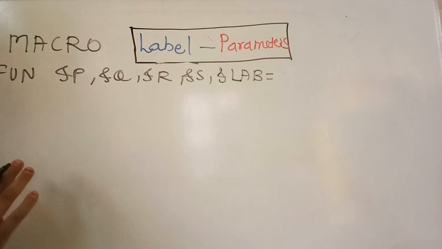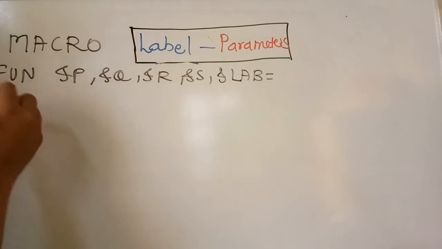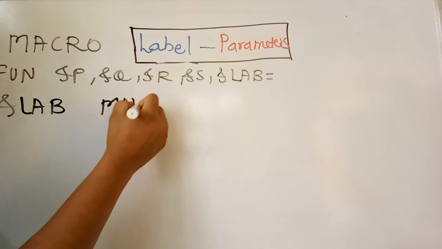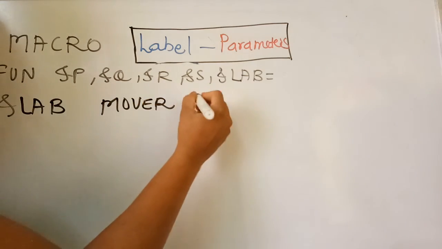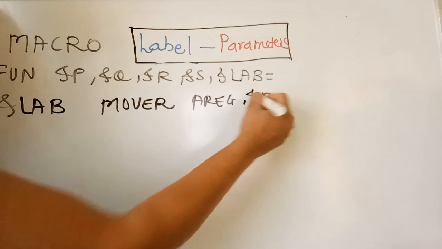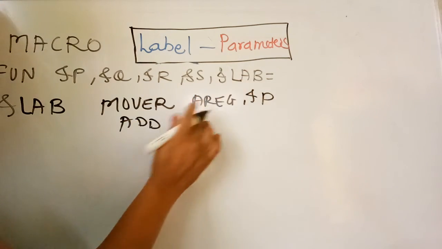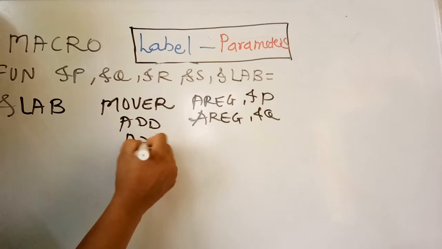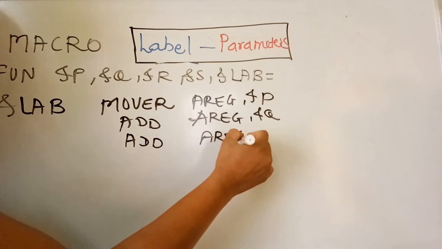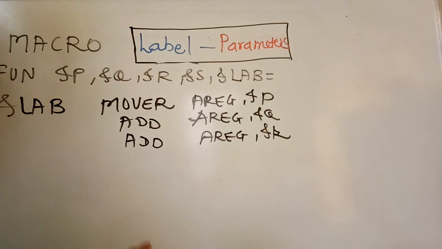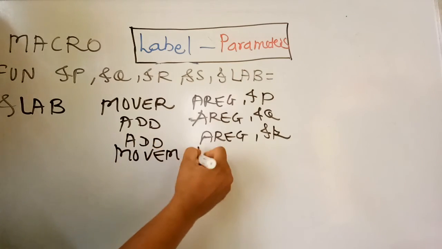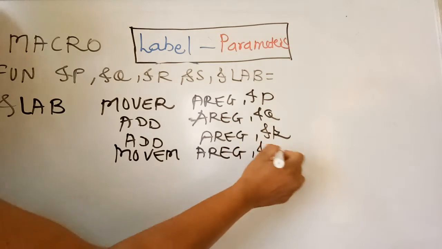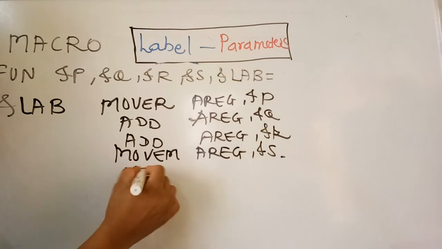You can or cannot specify the value here, but you have to apply this label somewhere, like &label. Then you perform the procedure: move register a to p, then add register a and &q, then add register a and &r, and now you simply store the value of register a into &s, which is the answer of the addition. Then macro end.